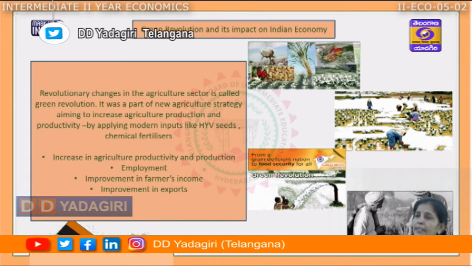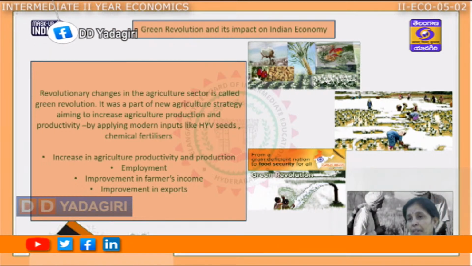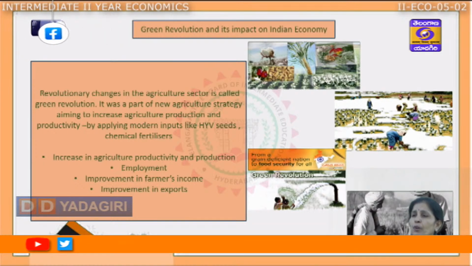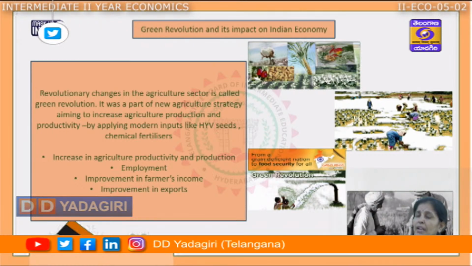The increase in agriculture production with the help of the green revolution has been put into practice through various innovative programs. The next one is employment. The green revolution is increasing agriculture production through these programs, and that directly and indirectly creates many employment opportunities.